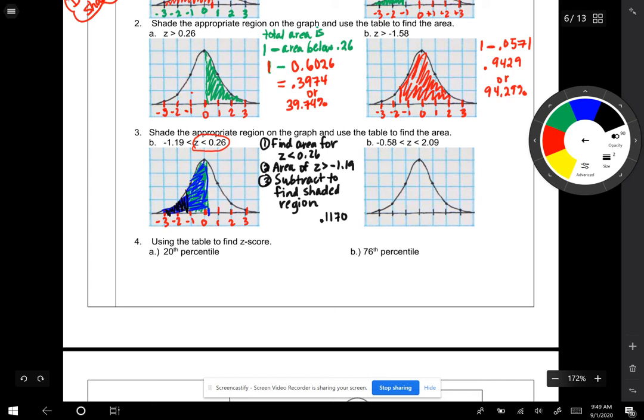Okay, and then for z less than 0.26, so remember, we can find that information right here. So it was 0.6026. Subtract, and that'll give you the area of 0.4856.